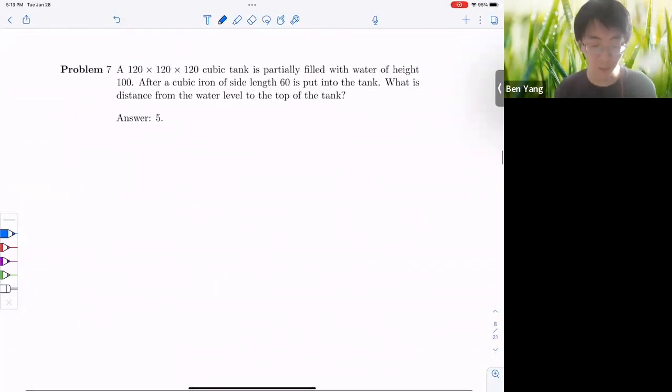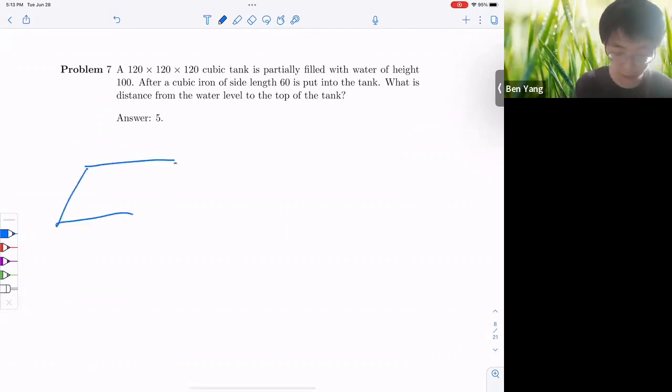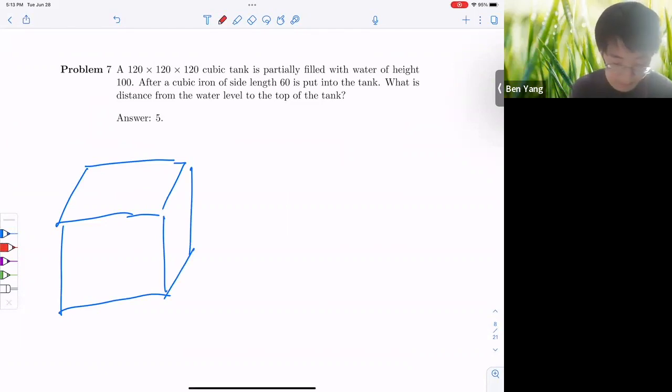A 120 by 120 by 120 cubic tank is partially filled with water of height 100. Yeah, let me draw it. So we have a cube and a lot of water there. The water is right here.